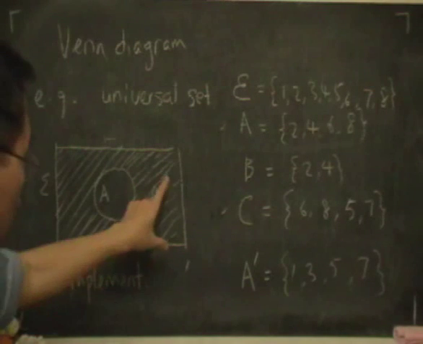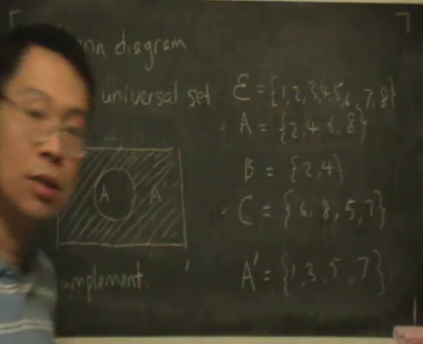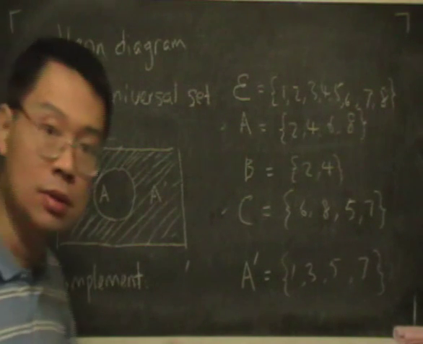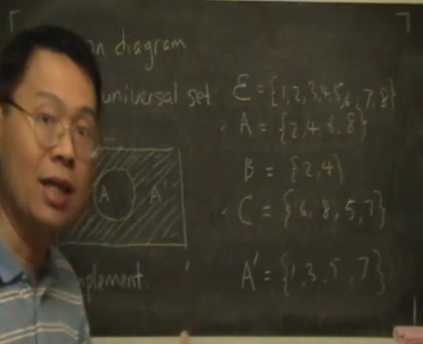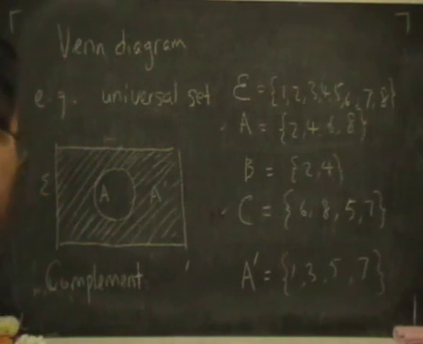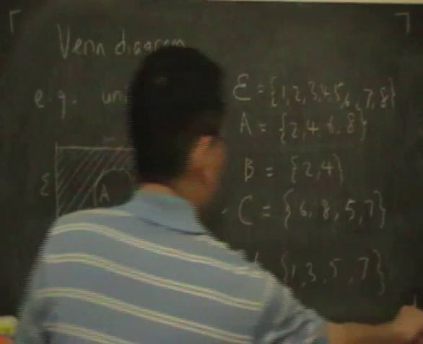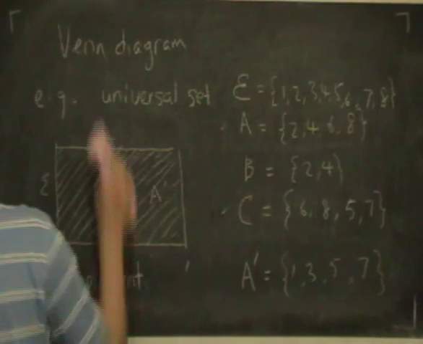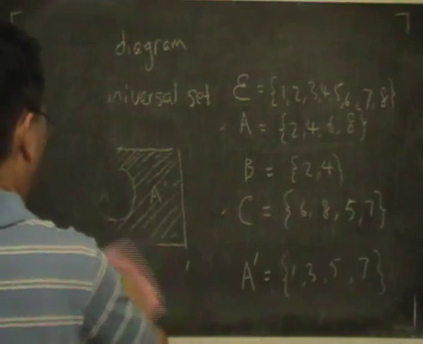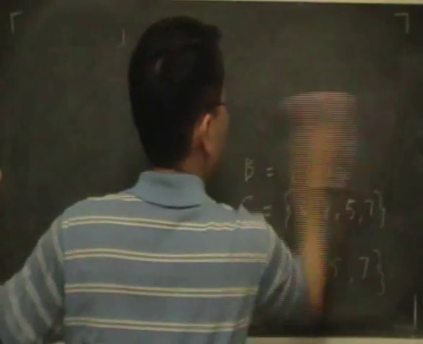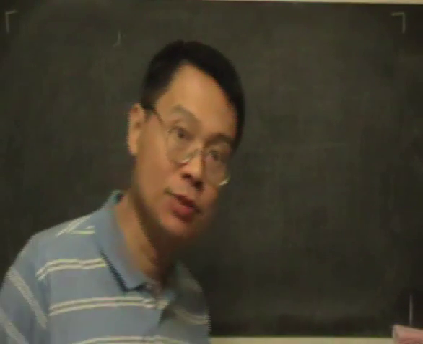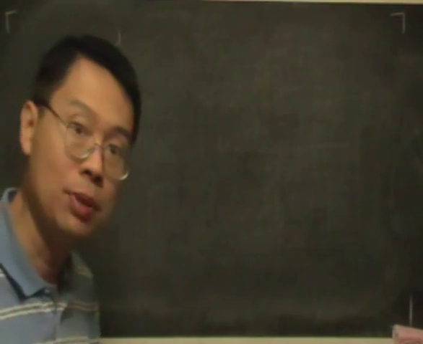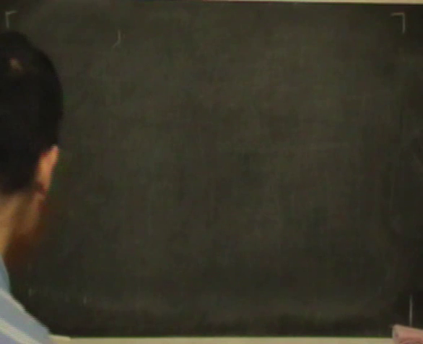So in this case, the shaded area here will correspond to A complement, meaning the set of elements that is outside A, that does not include the elements of A. Right, so let's finish off by looking at some examples about this shading idea.